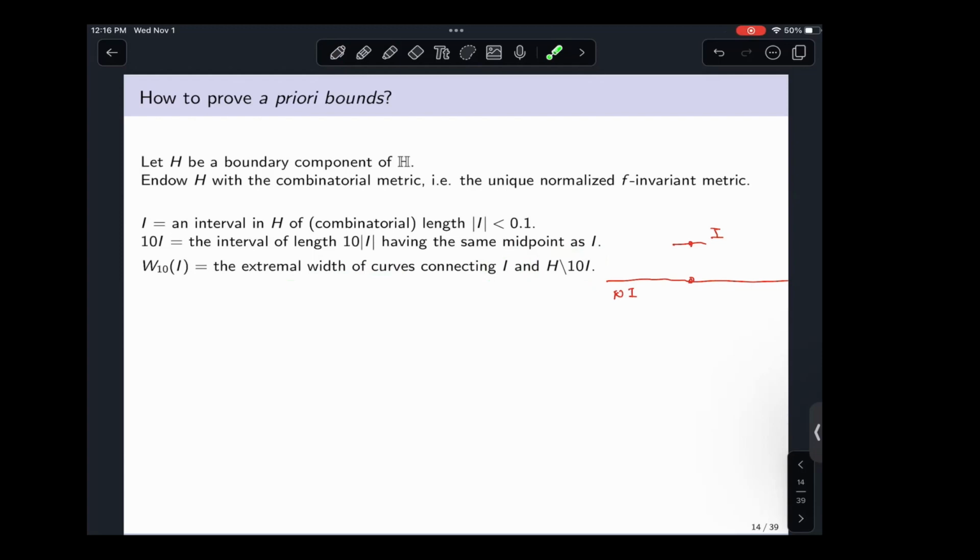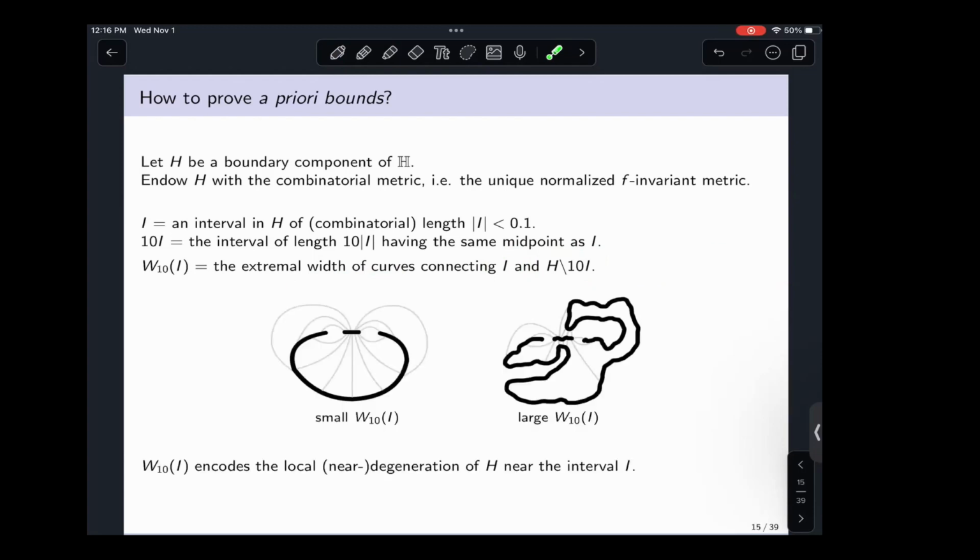So I have to look at the set of curves connecting I, and you delete 10I, you get H minus 10I. You can also think of this as the reciprocal of the modulus of the complement. So this is the modulus of this annulus.